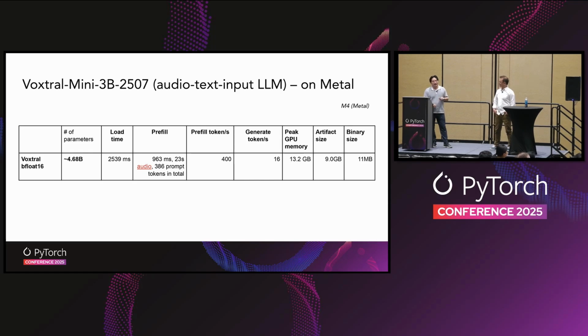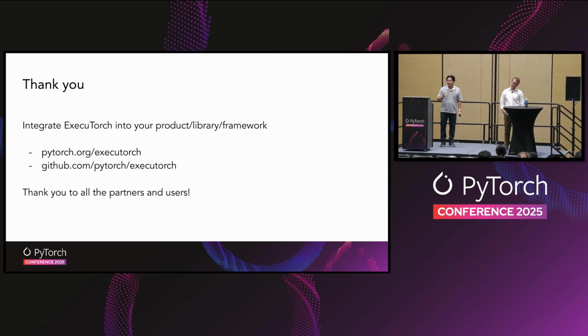All right, so I just want to step back. We talked about ExecuTorch 1.0. Mobile and embedded is really the bread and butter, and we are going to continue working on mobile and embedded systems. First of all, thank you to all the partners.